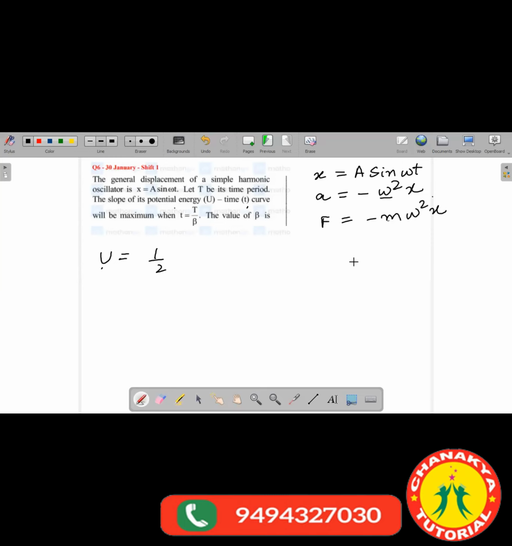And maximum potential energy is at amplitude A. I want potential energy with time.